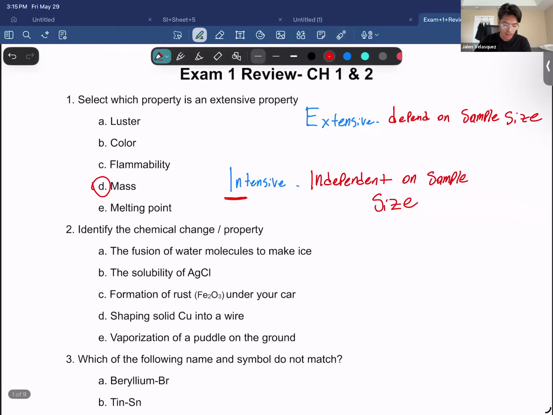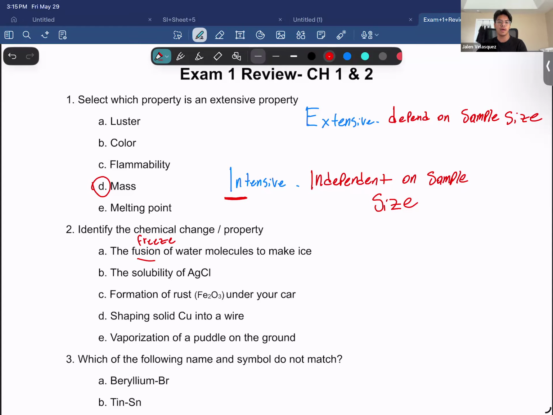Okay. Number two, this says to identify the chemical change or chemical property. So our options, we have the fusion of water molecules to make ice. This word fusion is just a fancy way of saying freezing. We have solubility of silver chloride, the formation of rust, which is iron oxide under your car, shaping solid copper into a wire, or the vaporization of a puddle on the ground.